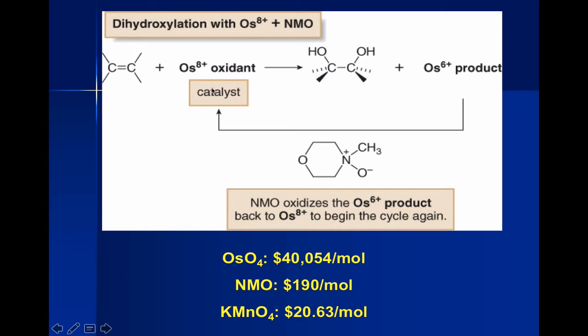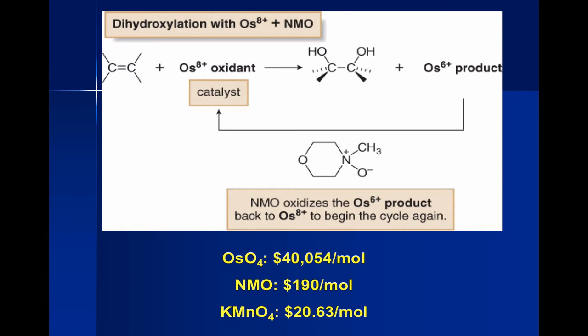So if we use a catalytic amount of osmium tetroxide, we can get away with the high cost because we only need a small amount, and we're using NMO as our oxidant, which is much cheaper than 40 grand per mole. However, potassium permanganate, if you think about it, is only about $21 per mole. So on a cost level, you might think, why in the world would anybody not use potassium permanganate?